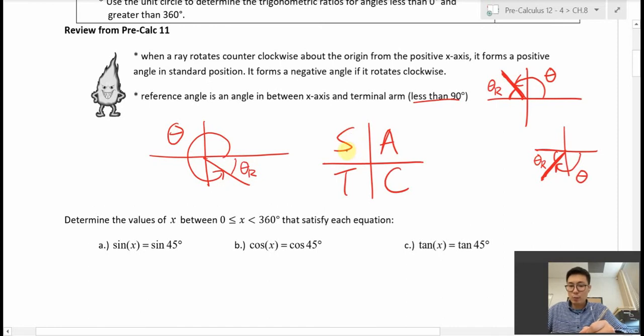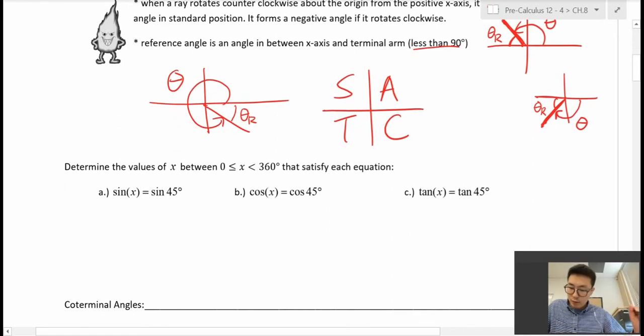Only sine is positive, so cosine and tangent would be negative. In the third quadrant, only tangent is positive, so sine and cosine will be negative. In the fourth quadrant, cosine is positive, so sine and tangent will be negative. Again, A stands for all: all the trig ratios will be positive, only sine is positive, only tangent is positive, and only cosine is positive.